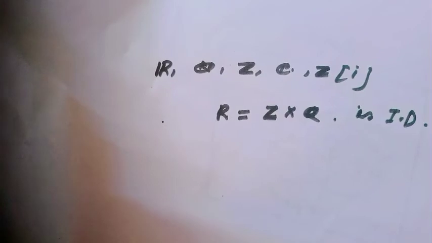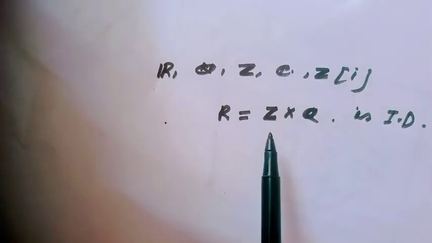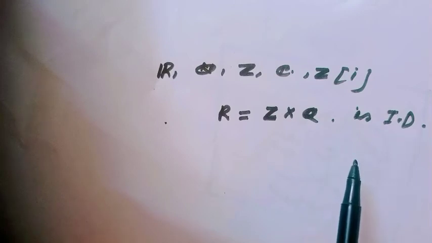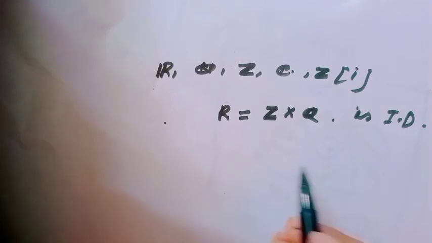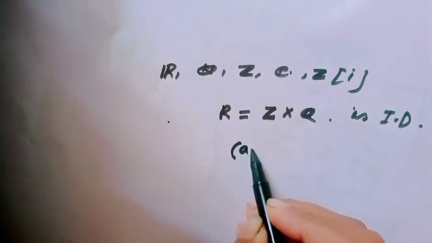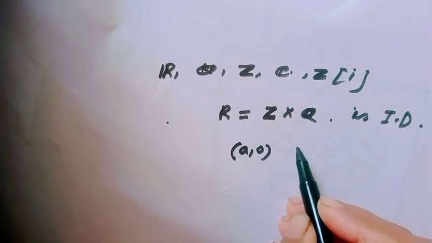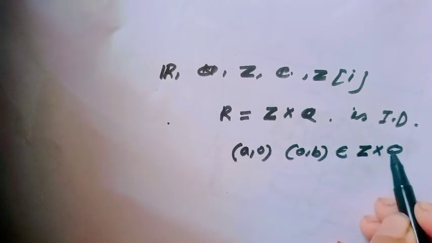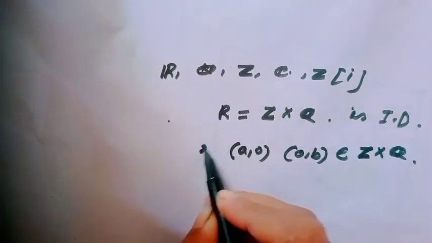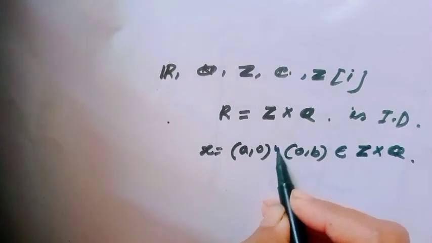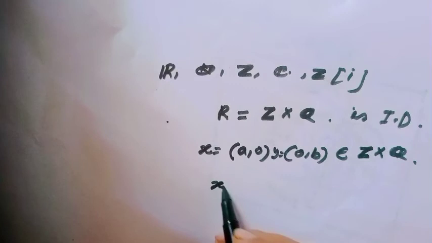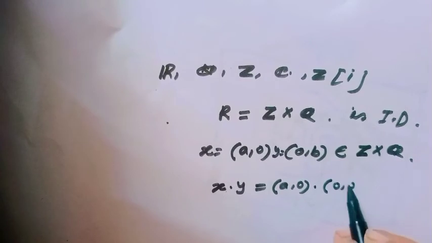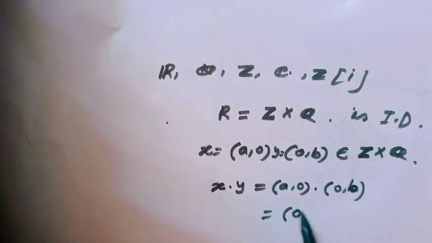Now my question: if we consider the ring Z direct product Q, is it an integral domain? Just think. Consider two arbitrary elements (a, 0) and (0, b). Obviously these belong to Z direct product Q. Consider the first element as X and the second as Y. Then X times Y would be (a, 0) times (0, b), which is actually equal to (0, 0).